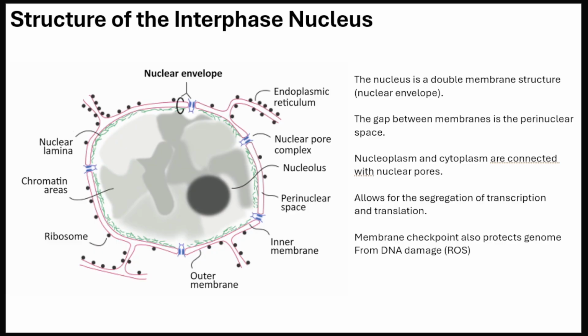So the structure of the interphase nucleus is quite complex. On the outside, there is the endoplasmic reticulum, and this kind of hugs the nucleus, and it's usually studded with ribosomes, which, as you should recall, are the site of converting mRNA into amino acids.